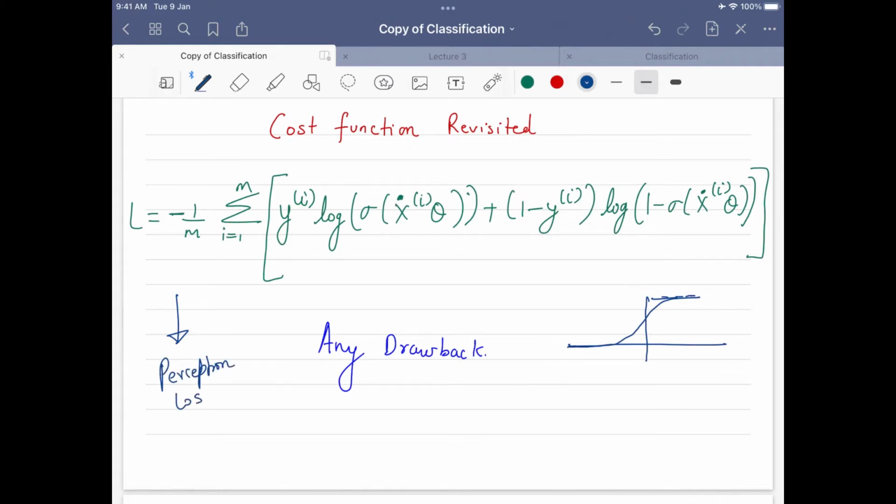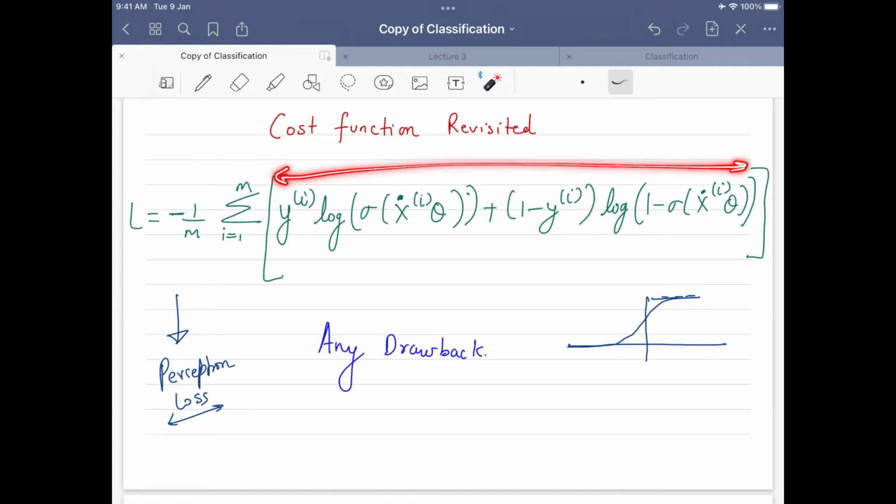So today we will discuss another way of doing classification through the Perceptron algorithm. In the Perceptron algorithm, we will define a different loss function which will not have these problems, where the cost function is undefined when sigma is touching 0 or 1. We will try to overcome this by writing a different loss function which comes in the category of Perceptron loss function.